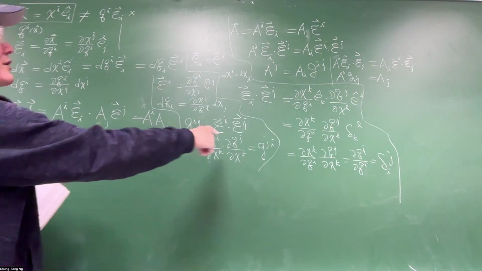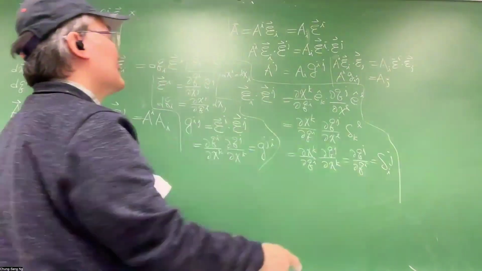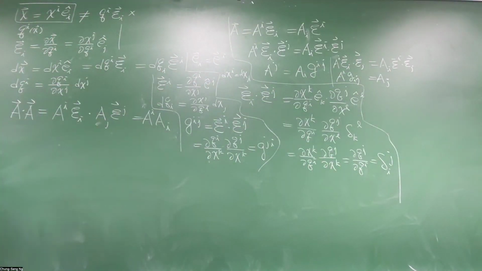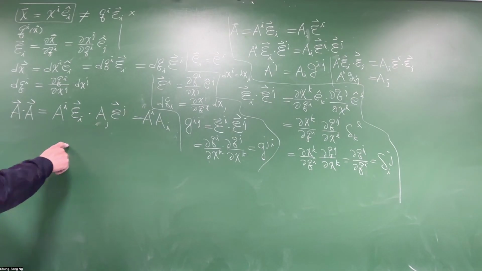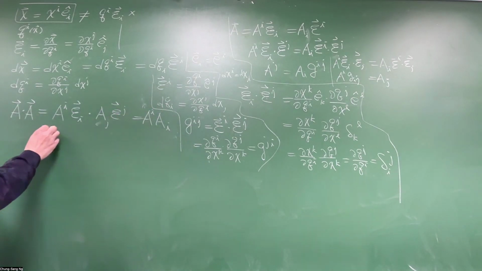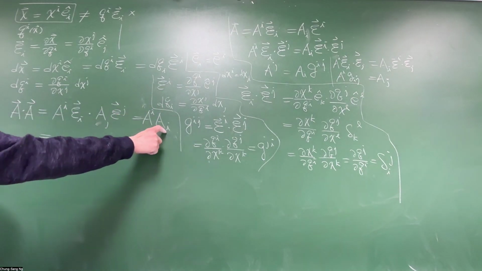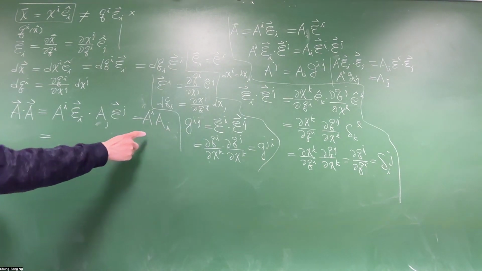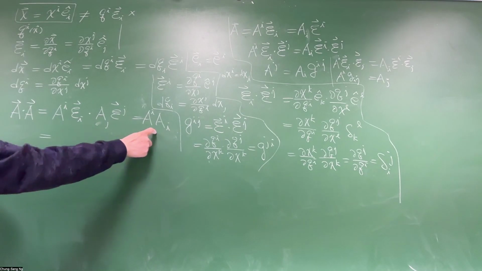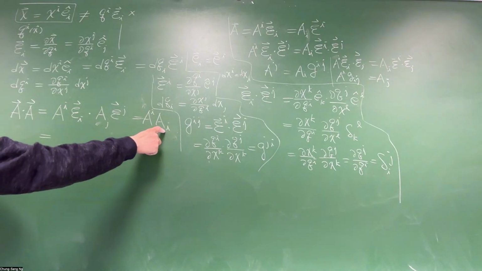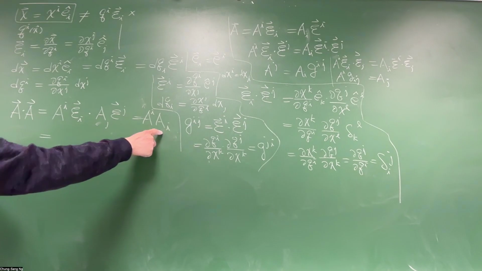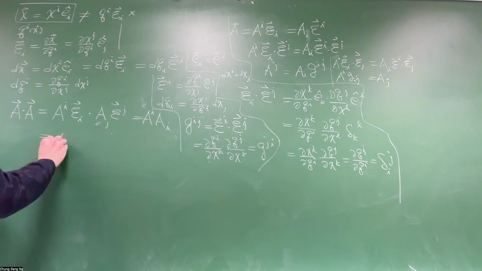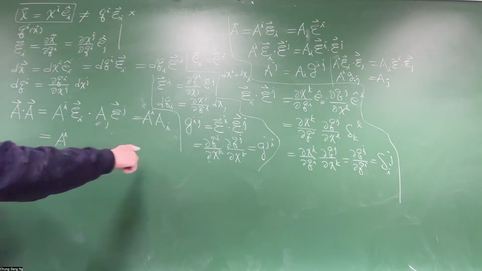Now you can also use this raising or lowering operation to write it, if you change that, multiplied by a contravariant. You write it like so, A_i with this.